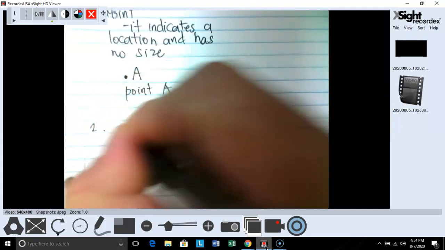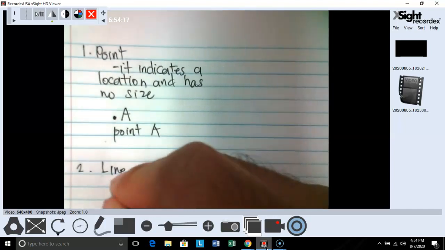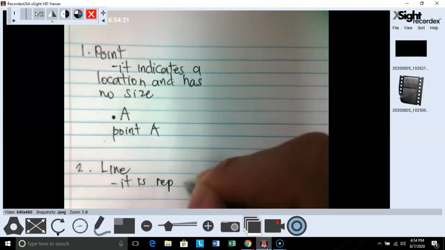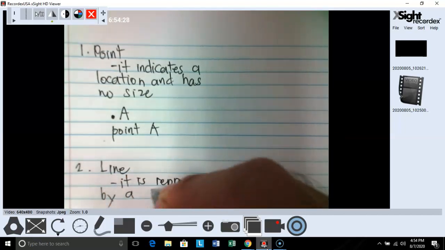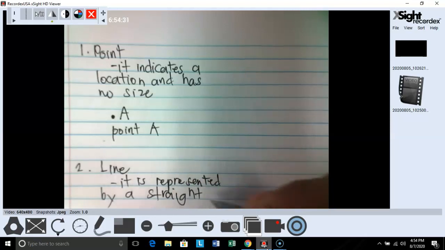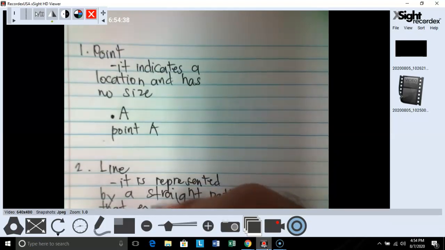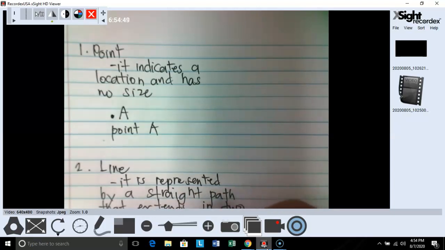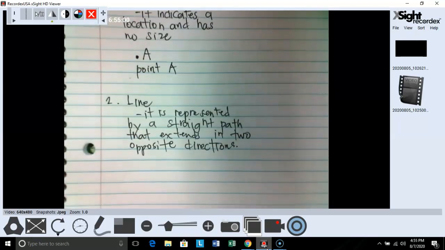Second, line. What is a line? A line is represented by a straight path that extends in two opposite directions.